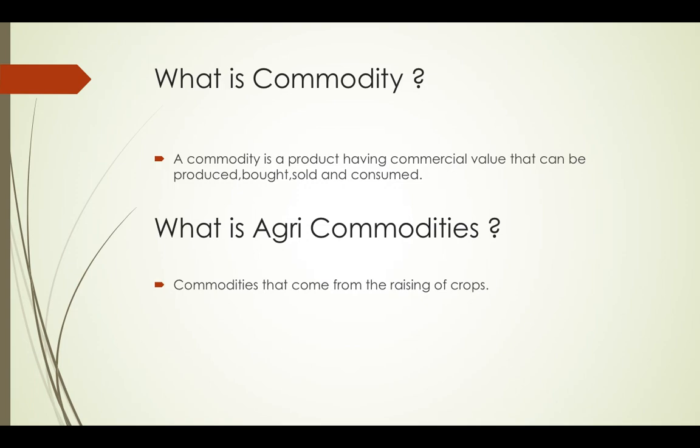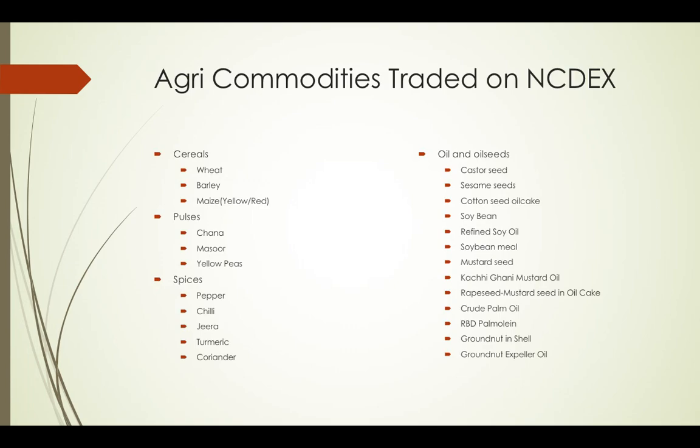Now we will discuss the agriculture commodities that are traded on NCDEX. These are classified into cereals, pulses, plantation products, spices, oil and oilseeds, fibers, and others.